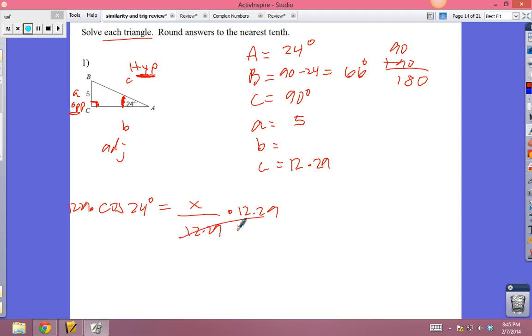And x will give me 12.29 times the cosine of 24 degrees. And that gives me 11.23. So there's all three angles, all three sides, rounded to the nearest hundredth, and we are in business.